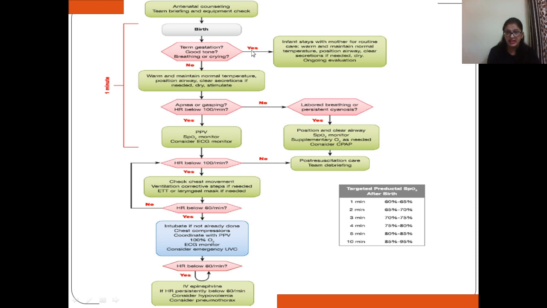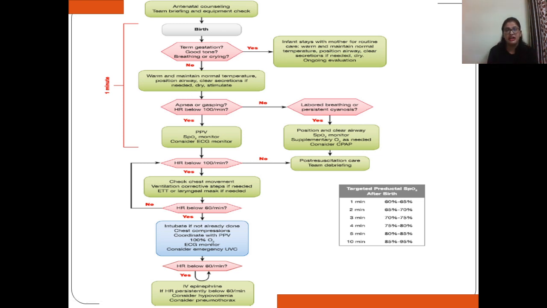If the answer is yes, you give the child routine care along with ongoing evaluation. But if the answer is no to any of these questions, then you have to warm the child. So to ensure that the temperature is normal, you place the child in the radiant warmer. You have to maintain a normal temperature. You position the airway. You clear secretions. And you dry and stimulate.